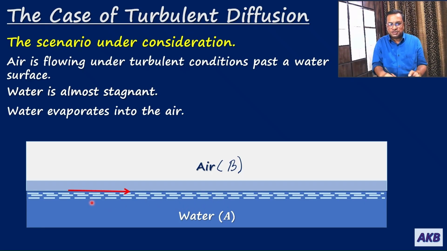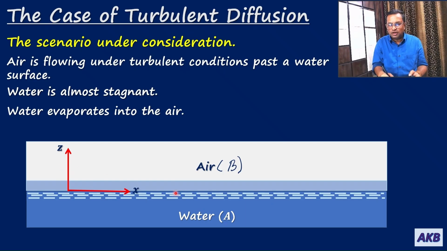So for our discussion, we are going to consider this direction as X direction. So air is flowing in X direction under turbulent conditions, and this is Z direction. So water vapor is diffusing through air in the Z direction.